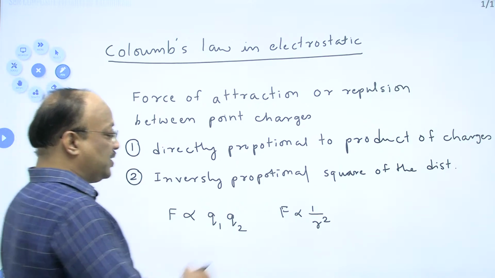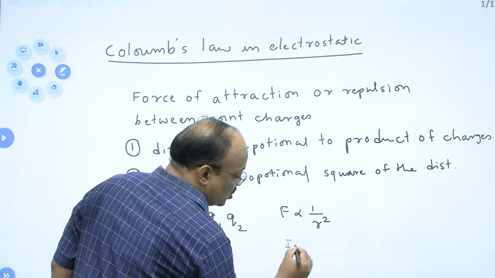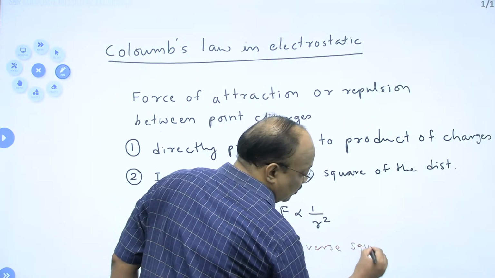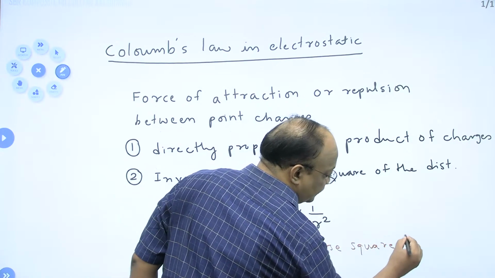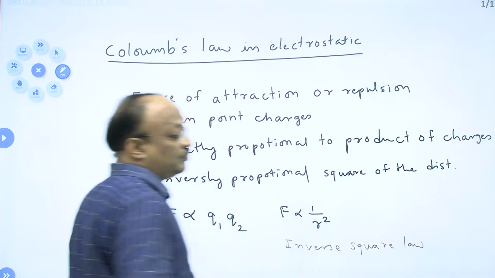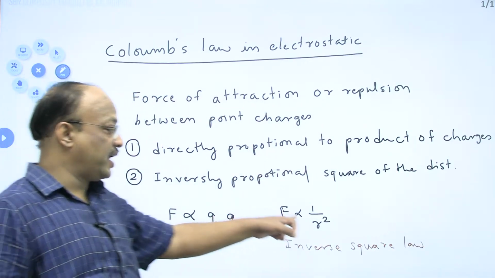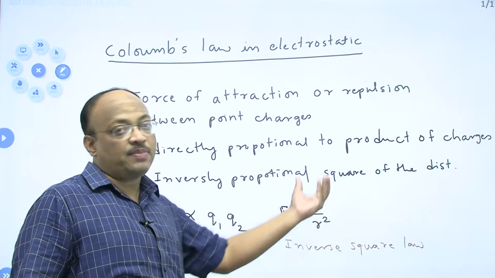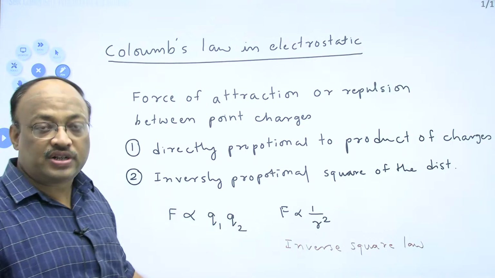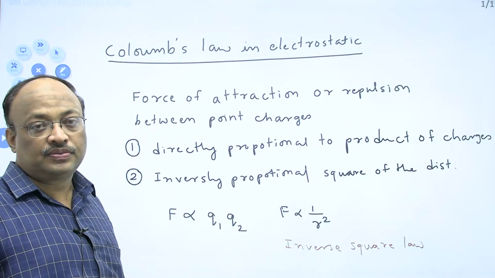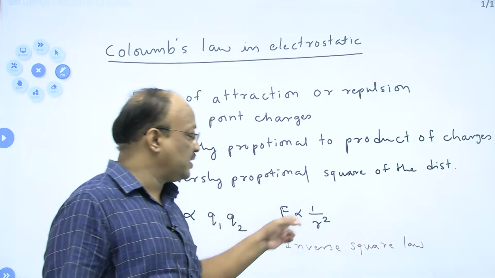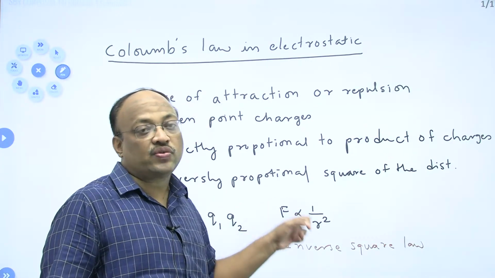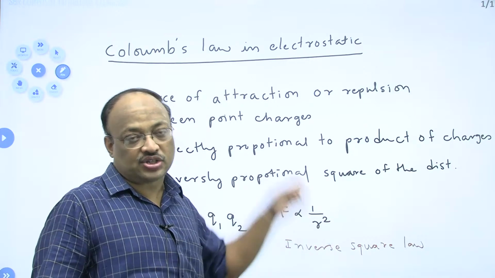That is why we call this the inverse square law. If any one quantity is inversely proportional to the square of the distance, we say it is inverse square.